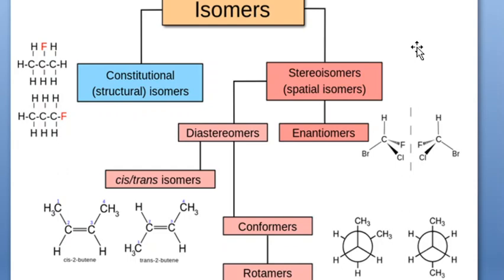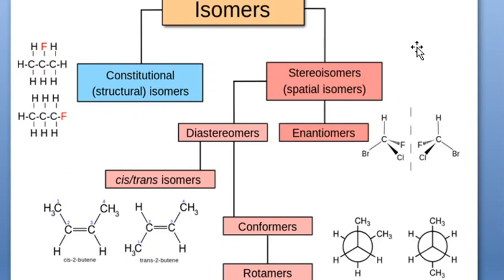Here we are interested in spatial isomers, that is, stereoisomers. If the same molecular formula is there but they differ in spatial arrangement of atoms, then we call them stereoisomers. Here stereo refers to space. Around a certain atom, if the pattern of arrangement of atoms differs, then it is referred to as a spatial isomer.